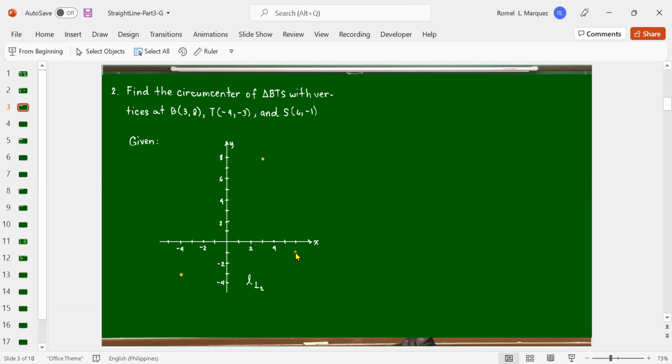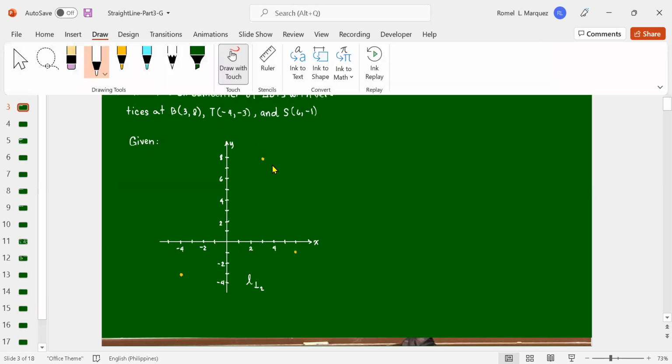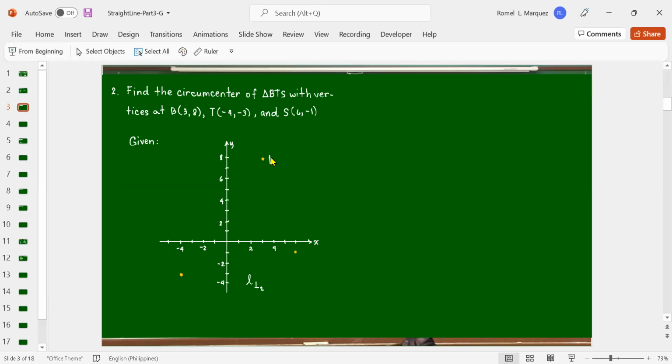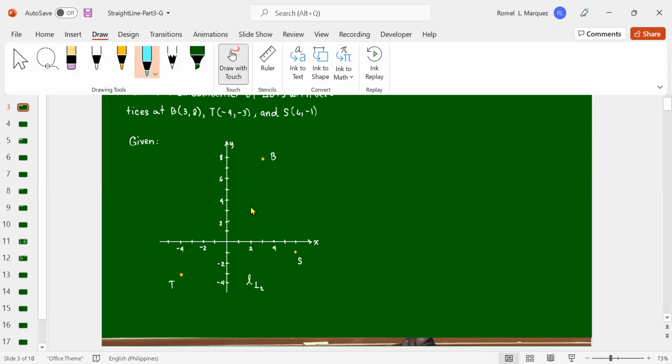So this is B, this is S, and this is T. Okay, let's connect these points to form a triangle.